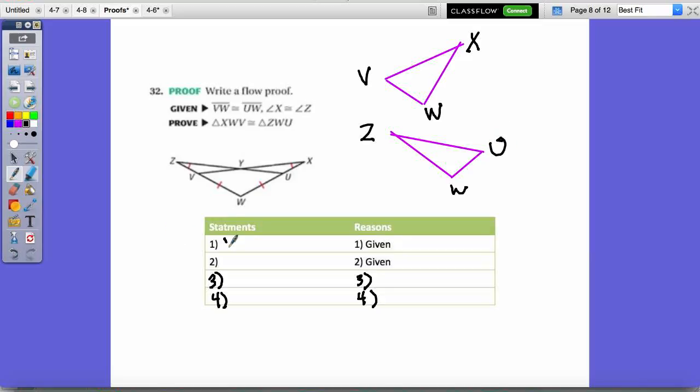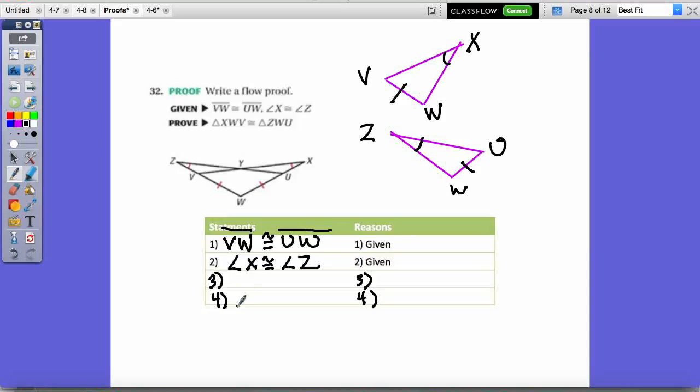And the first thing I'm told is that VW is congruent to UW. And I'm going to mark that. VW is congruent to UW. I'm also told that angle X is congruent to angle Z. So angle X and Z are congruent.